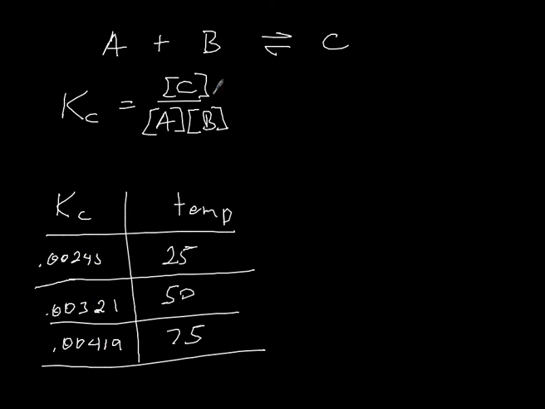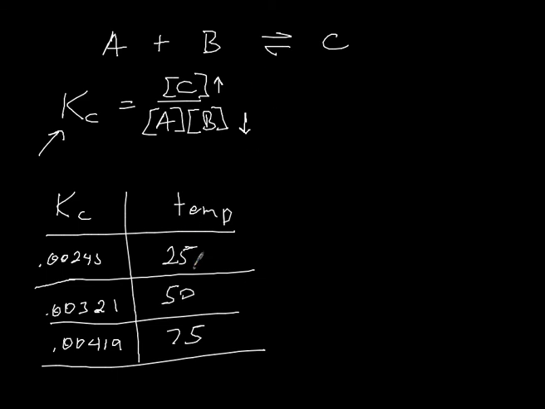And so by looking at your equilibrium expression, how does the value of Kc increase? Well, the value of Kc is only going to increase if the value of C, or the numerator, is going up and the value of the denominator is going down. That's the only way you're going to get Kc to increase: C is up and AB is down.